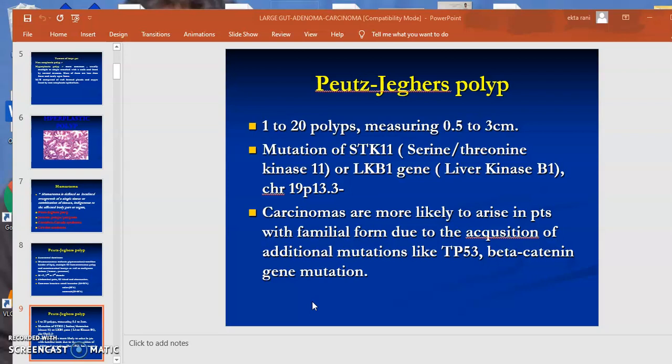Carcinomas are more likely to arise in patients with the familial form due to acquisition of additional mutations like TP53 and beta-catenin gene mutation. So, the gene mutations involved in Peutz-Jeghers syndrome are STK11 and LKB1 gene.